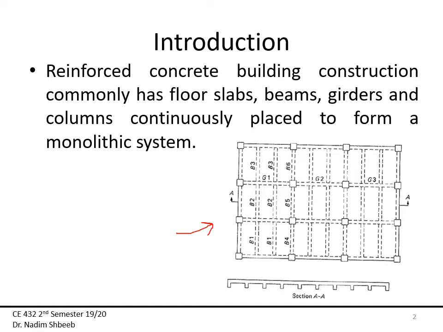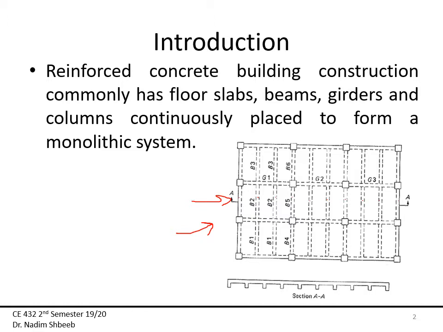And here's a section AA, which shows that we have about 10 beams. Okay, 1, 2, 3, 4, 5, 6, 7, 8, 9, 10. All right. So this is how the loads are distributed.